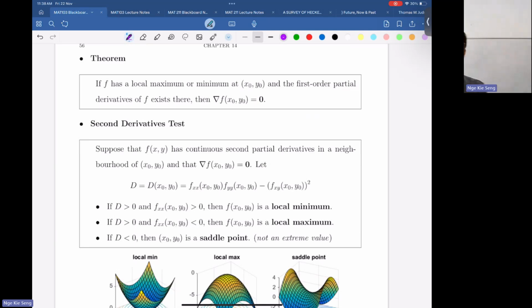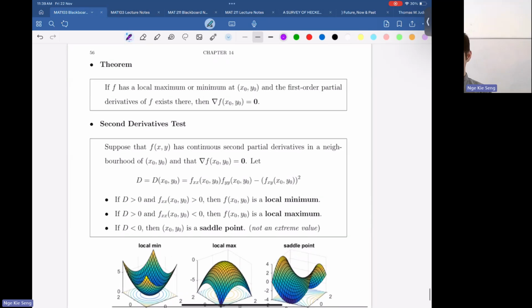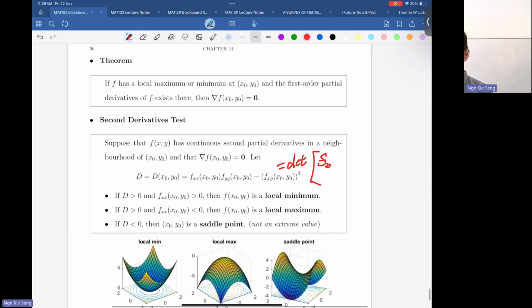So what matrix is it? You learned it before; it is built from the second derivatives. So this is the determinant of the matrix with fxx, fyy, and fxy. So if you don't remember D, it doesn't matter, just remember the matrix. D is the determinant of this matrix.